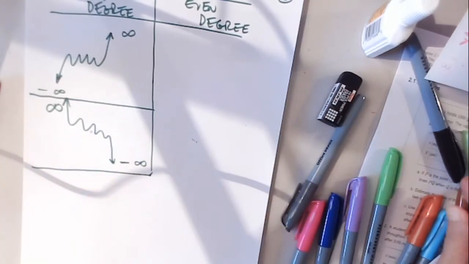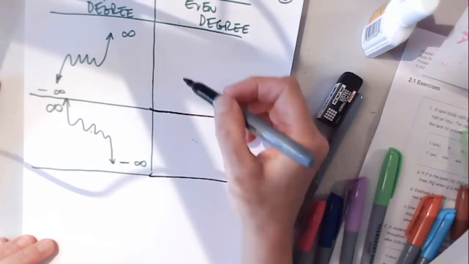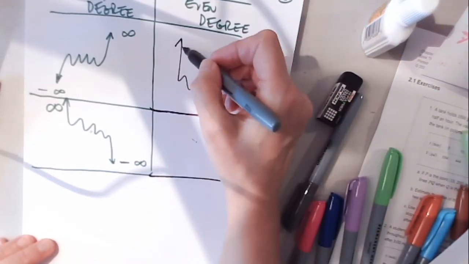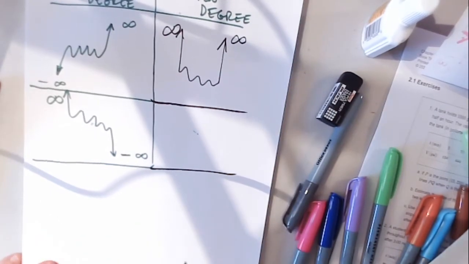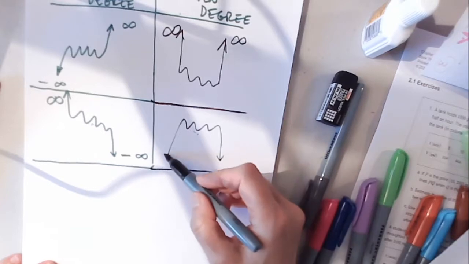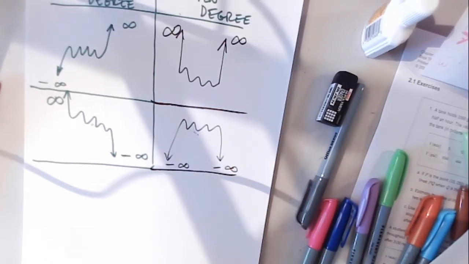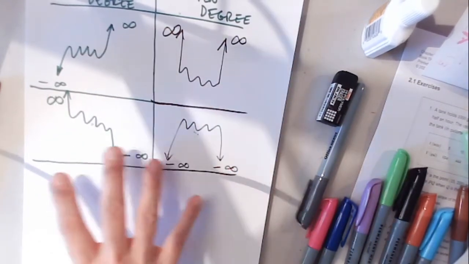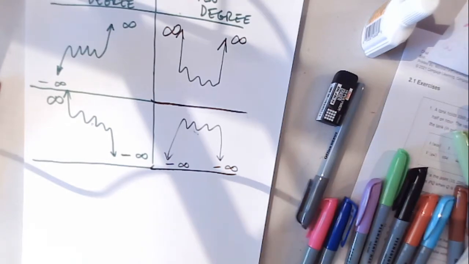The same thing with the even degree, only two options. Whatever, come from positive infinity and go back to positive infinity, or, whatever, I don't know how many turns, from negative infinity and go back to negative infinity. When do all these happen? Here is the idea.